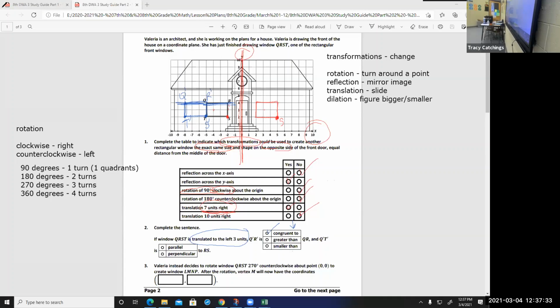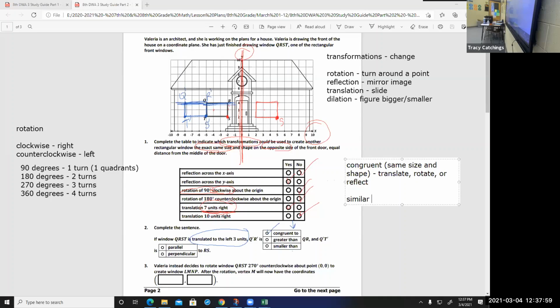There's also a notion. We get congruent shapes. What does congruent mean? We get congruent shapes anytime it translates, anytime it rotates, or anytime it reflects. We get a congruent shape.